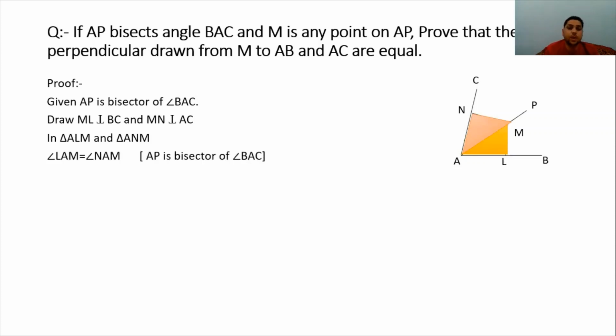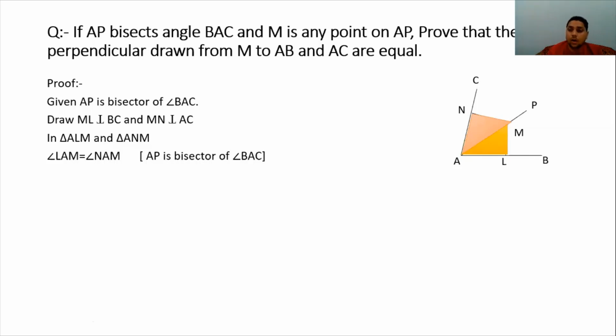First, we have angle LAM, which is equal to angle MAN, because AP is an angle bisector. An angle bisector means this line segment divides the angle into two equal parts.